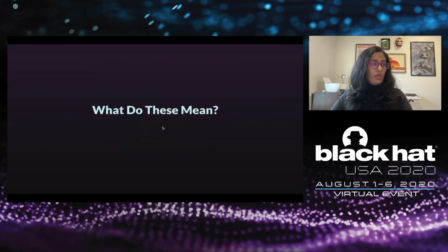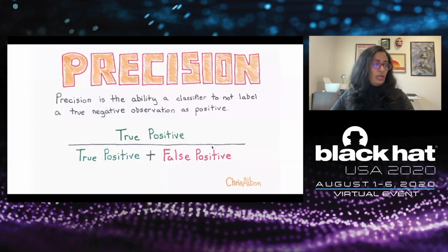Now, before going to the numbers, let's quickly see what each of the metrics means as a quick summary. Precision is the ability of a classifier to not label a true negative observation as positive. It's the proportion of positive identifications made by the classifier that are actually correct.